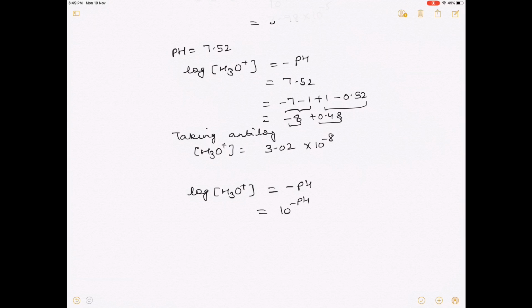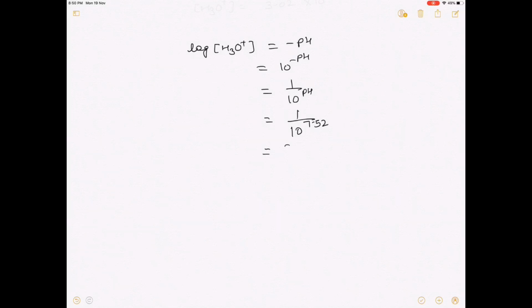We can write this in this form, the same way. Now substituting the value, this comes out to be, right, the same value.